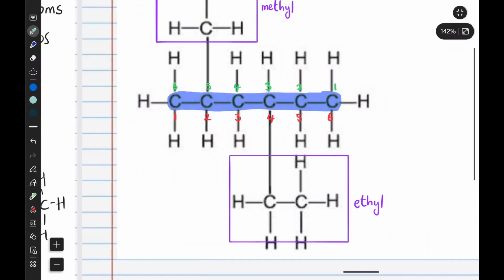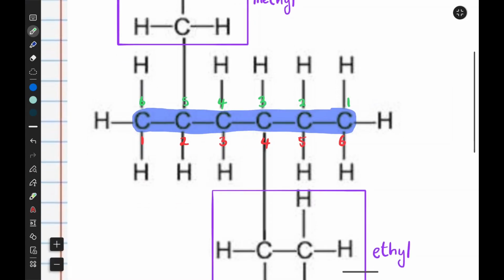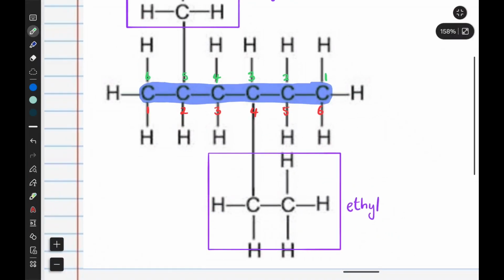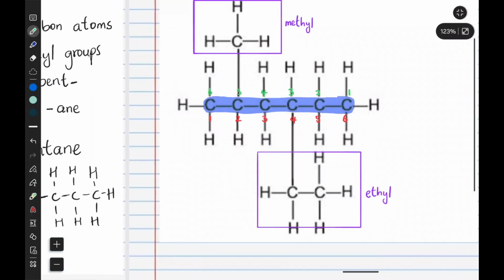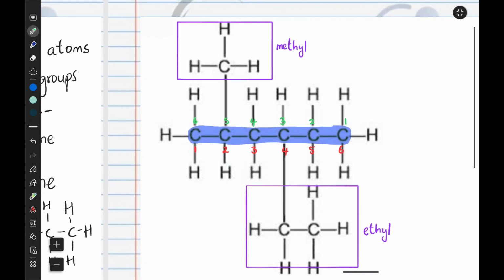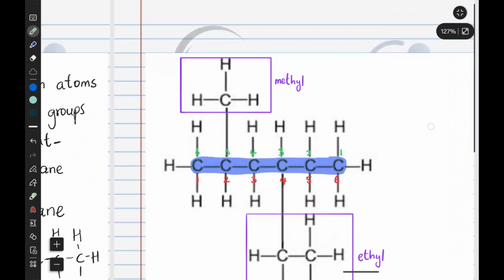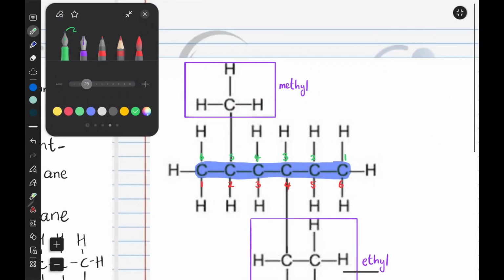Sorry if you can't see color, but just note that I'm numbering from right to left because I get the smallest number for the ethyl group. Why am I choosing to get the smallest number for the ethyl group? Because it gets alphabetical preference in this case, since E comes before M. Right, so now we can start doing our things.